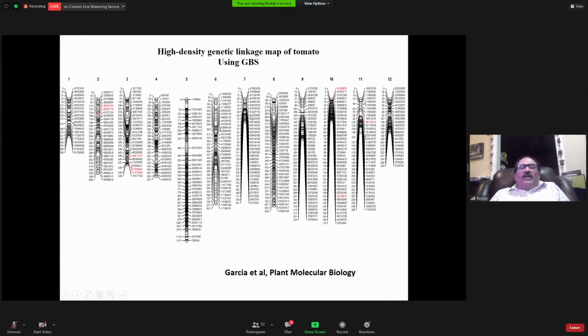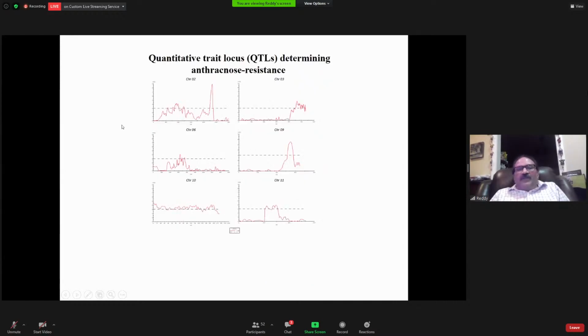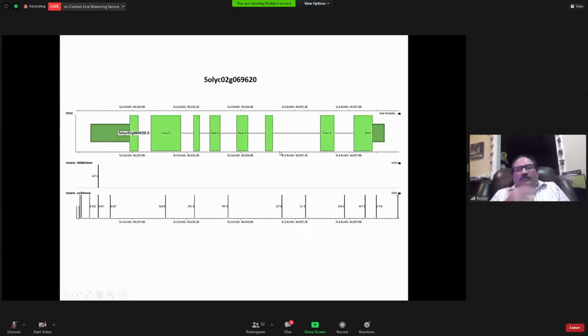So we made a cross, and we have a recombinant inbred line population, using which we mapped the loci that are responsible for resistance or susceptibility. These peaks signify that under these peaks there are the causative genes for the anthracnose resistance. Since it is a highly dense map, we could identify the candidate genes and how these candidate genes are in the population.